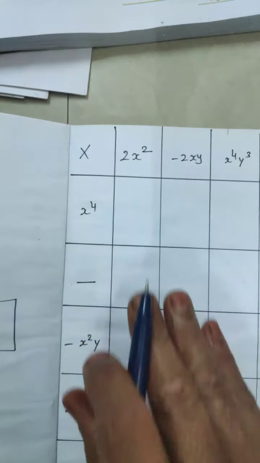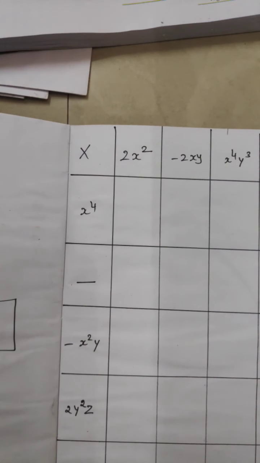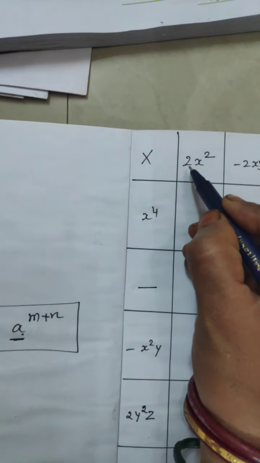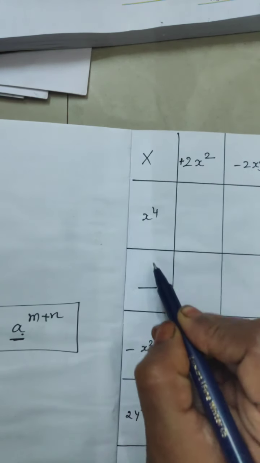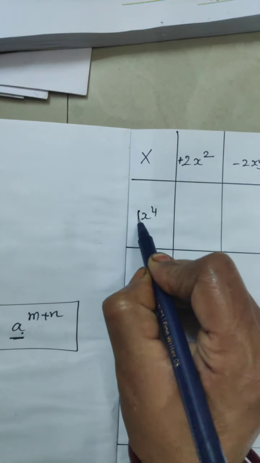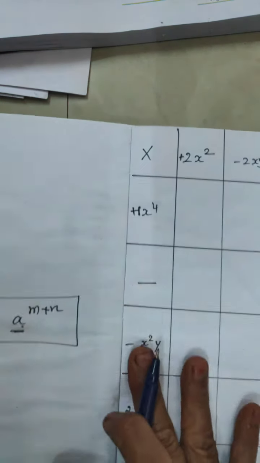First work: any variable that does not have a number near it, you write 1. Any symbol also not there means you write the plus symbol. Power for not having a number, write number 1. Now clear? Here the symbol is not there, you put the plus symbol. Here the number is not there, the symbol is not there.